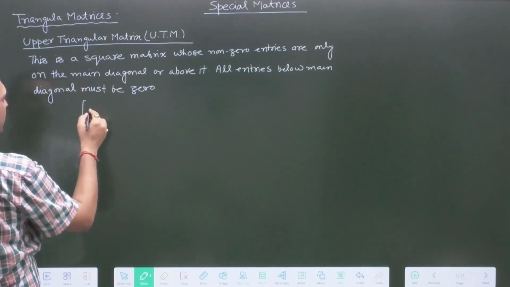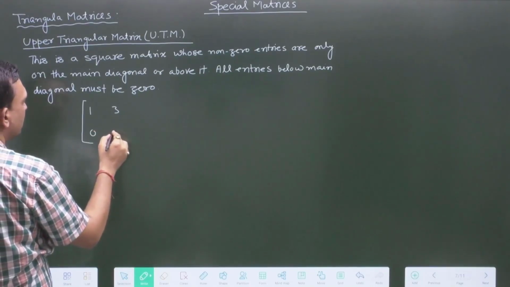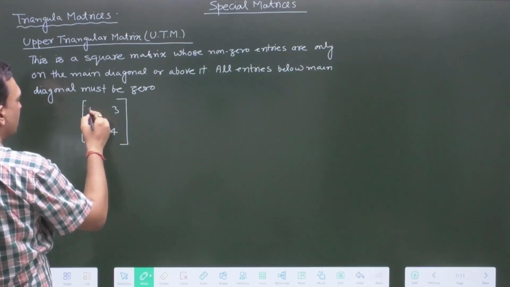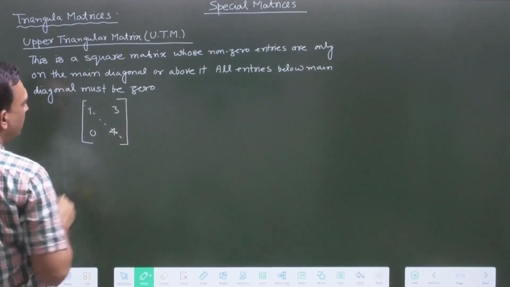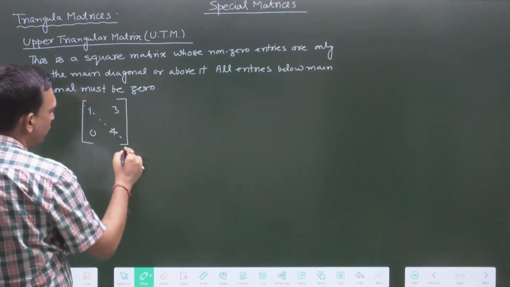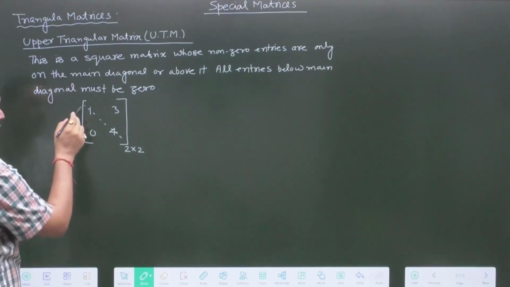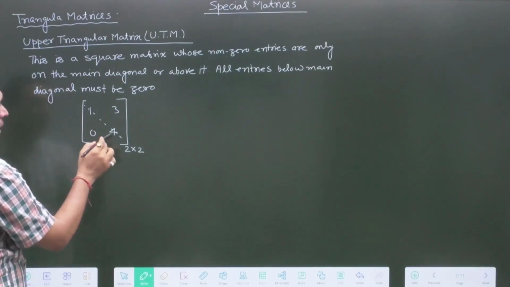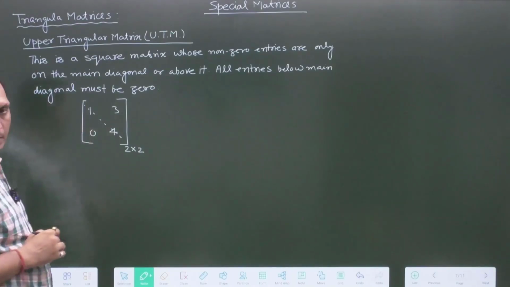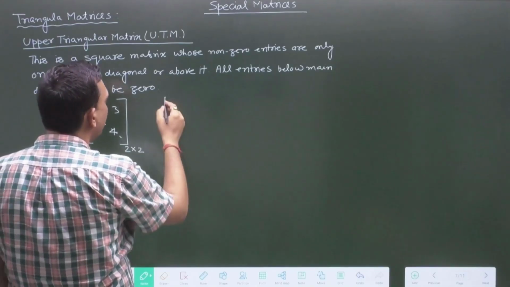For example, let's say, so this is the main diagonal. So it's a 2 cross 2 upper triangular matrix. Non-zero entries are on the main diagonal and above it, and below it, it must be 0. Similarly, we have 3 cross 3 matrix.